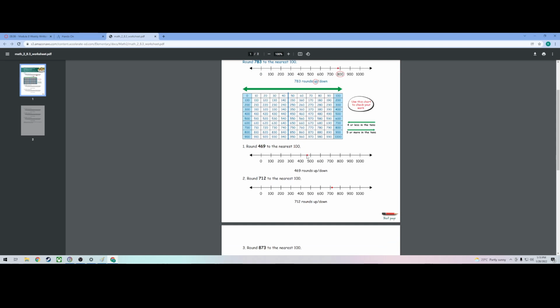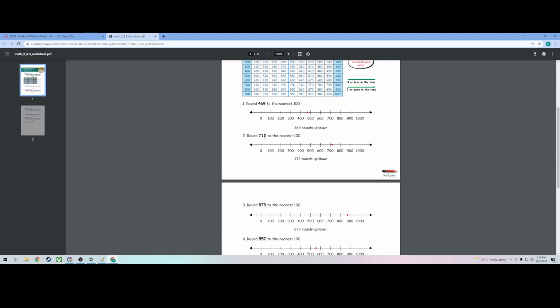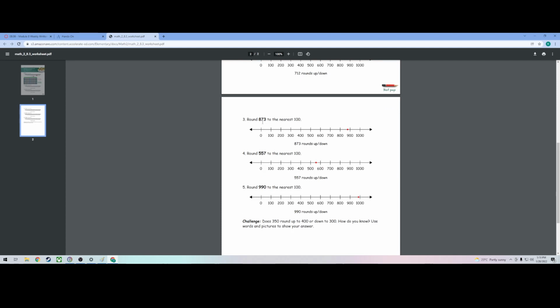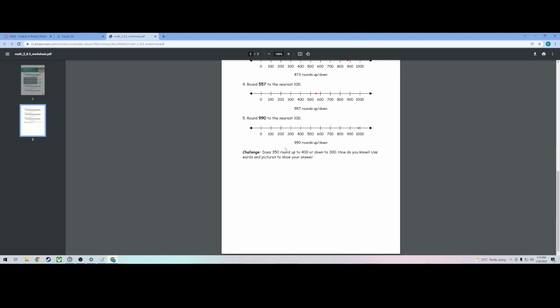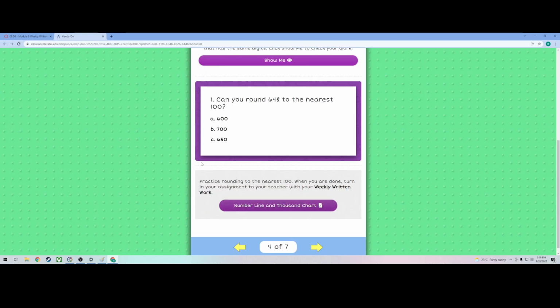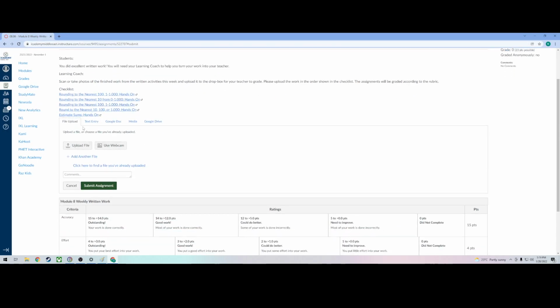Rounding it to the nearest hundred is 500. 712 here. Rounding it is 700. 873 here. Rounding it is 900. 557 here. Rounding it is 600. Okay? I think you got the idea. It's easy.